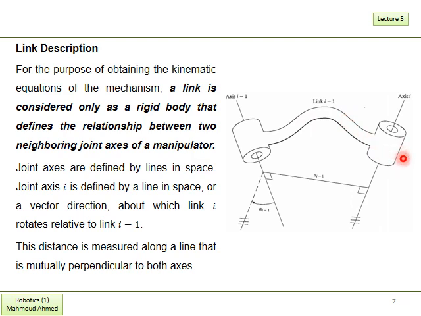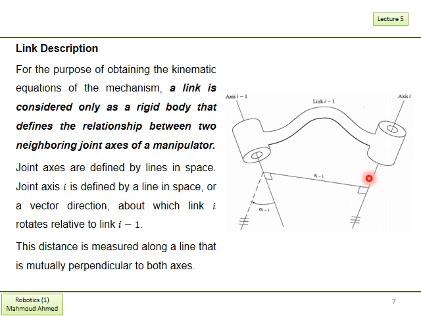Link I is not seen in this figure, but can be represented with the link connected to the axis I here, and this link I can be represented relative to link I-1 through this axis I.